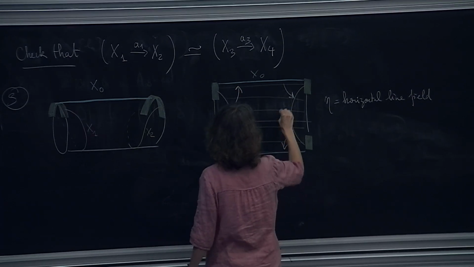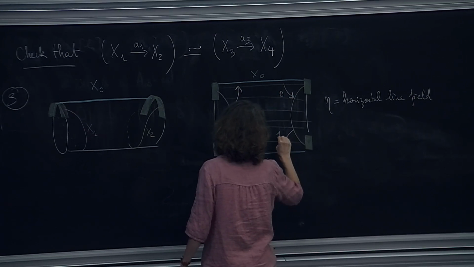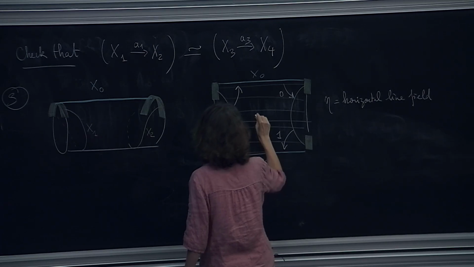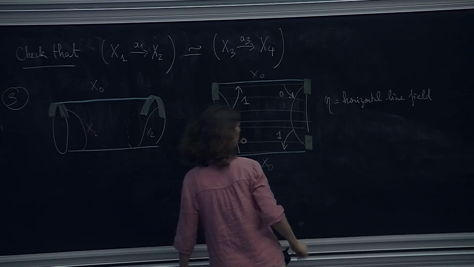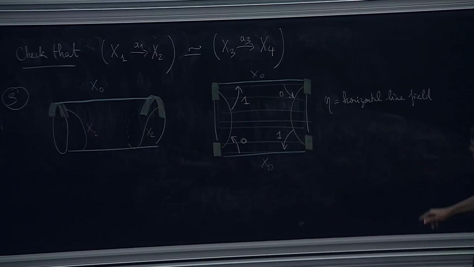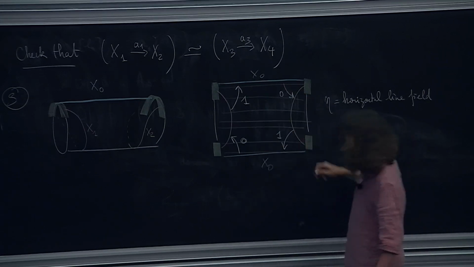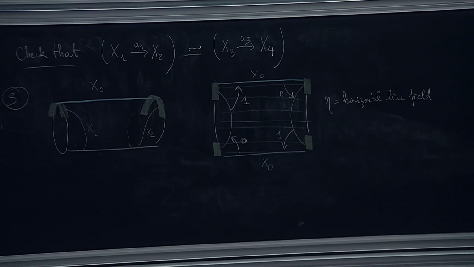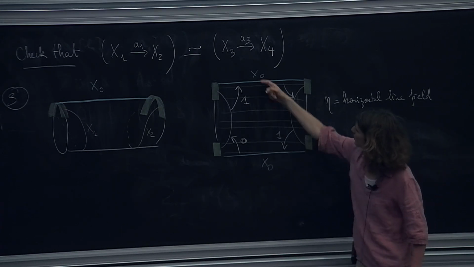I could take degree 0 here, degree 1 here, degree 0 here, degree 1 here. The sum has to be 2 again. But here we have another constraint because x0 is here and here.